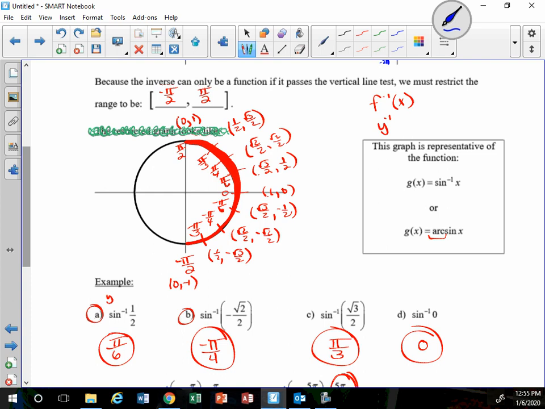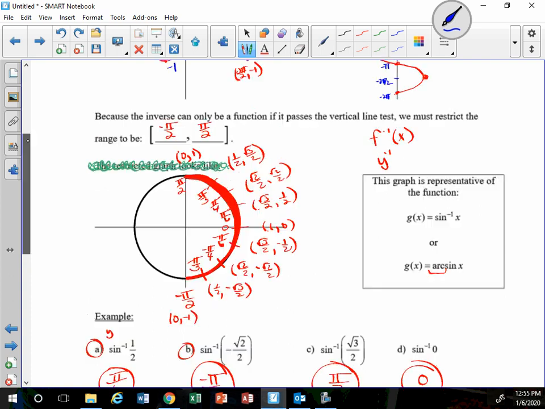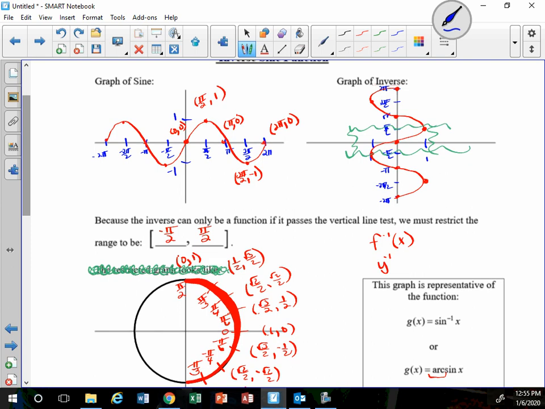I'm only asking you things from your unit circle right now, and every value is covered in the unit circle. By picking from negative pi over 2 to pi over 2, we covered every value from negative 1 to positive 1. But say it was inverse cosine? Well, cosine's going to be different. We've only done sine so far.